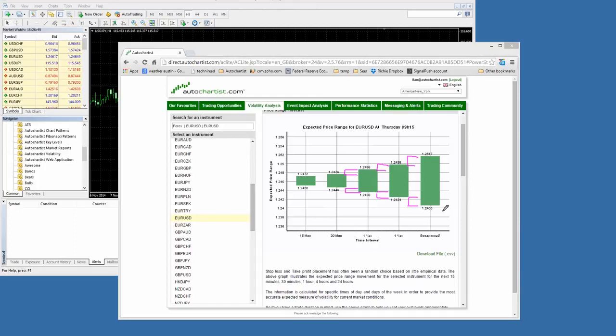So if you are trading a 1 minute graph on Euro USD, are you going to set a stop loss and take profit greater than your daily volatility? Probably not. If you're a high frequency trader trading 1 minute graphs with your broker, then you're probably looking to hold your position somewhere between 15 minutes and 30 minutes.